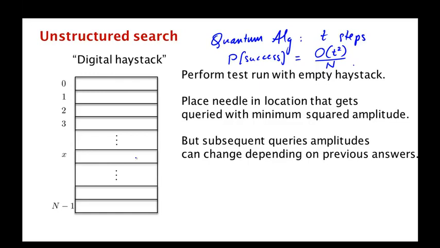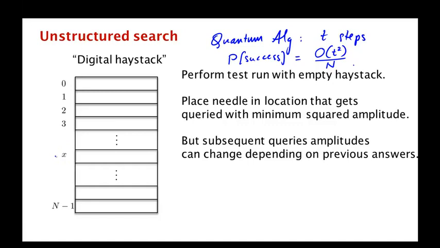So we do the test run with the empty haystack. Now we find that element which is queried with the minimum squared amplitude. So we look at every step and see with what squared amplitude the location x gets queried over all these t steps. And we find that x for which this is minimized. We call that particular x star, and we make that the marked element.